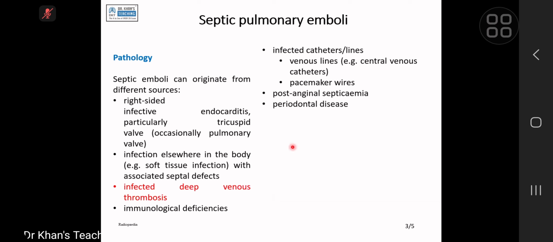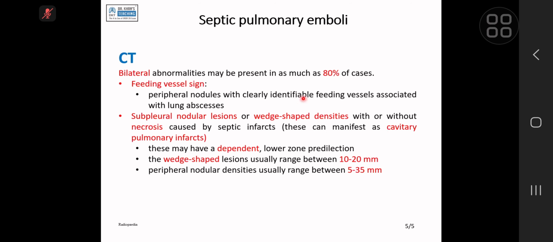In our case, it was infective deep vein thrombosis, but there are others which you can read from Radiopaedia or wherever. Now, abnormalities may be present bilaterally in 80% of cases. This is a good sign which is visible in our case. I'll show you. Feeding vessel sign. Wherever there is a nodule, if you start tracing it, it will abut a vessel, which makes sense.